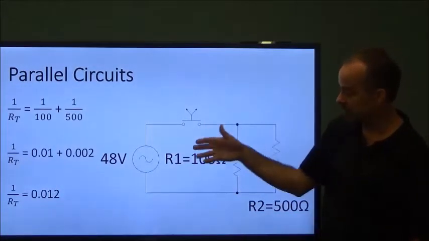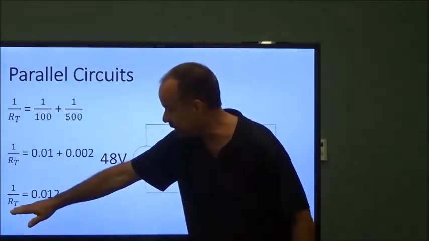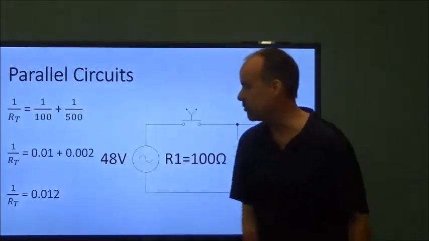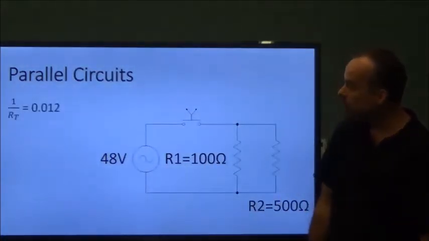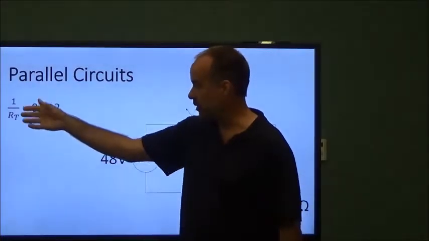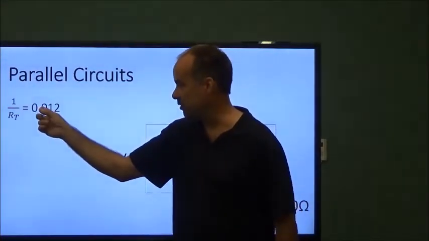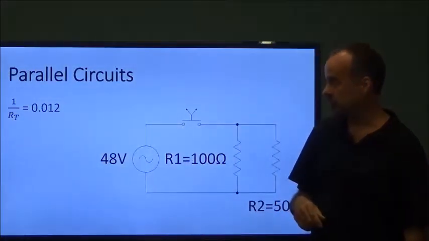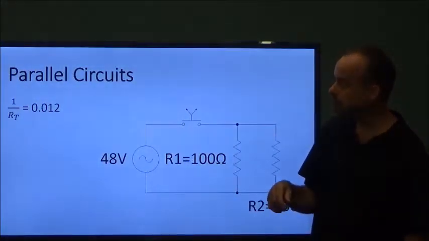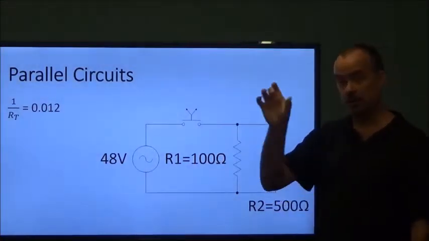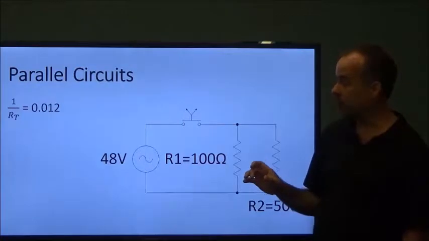Now what I need to do next is get my total resistance by itself. As a simple rule, when you reach this point, just swap the RT and your value over here, and that comes up with your final formula. Essentially you're doing some simple algebra, manipulating where the variable is located in the formula.